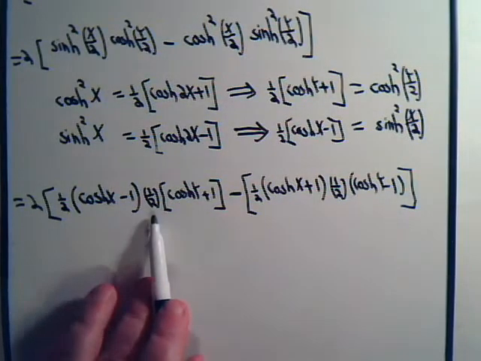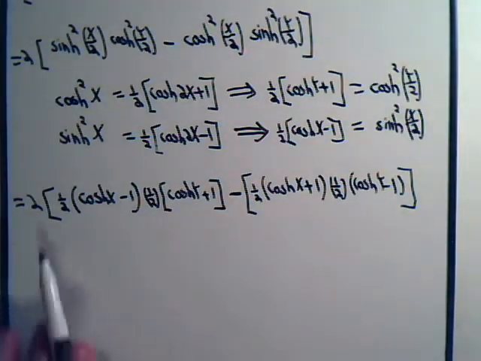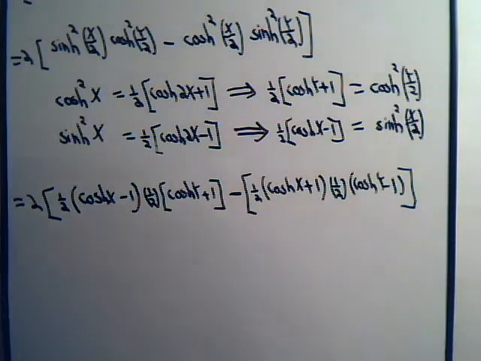Okay, and here we have 1/2 times 1/2 is 1/4. 1/2 times 1/2 is 1/4 times 2, so that's going to be everything multiplied by 1/2. So this will equal 1/2 times this entire expression.